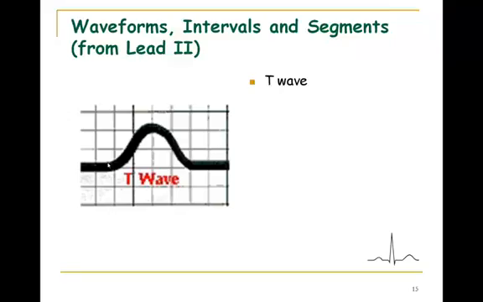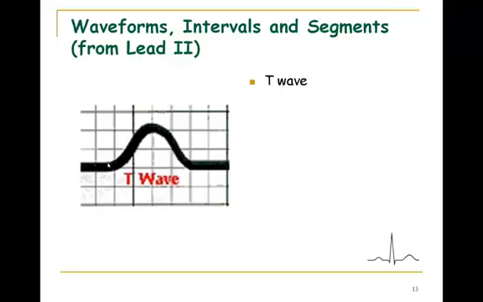In most leads it will be positive, but you may see it inverted in lead 3, so don't be concerned if you see it inverted in lead 3, and in your chest lead V1 it may be inverted, so don't be concerned there either. If you start seeing it inverted, say in standard limb lead 2, that's considered a T wave abnormality, and it can be indicative of various conditions.